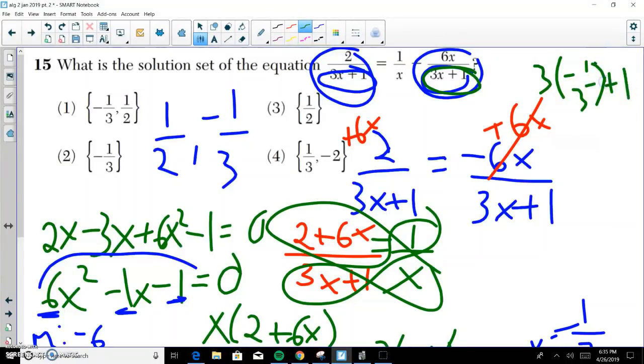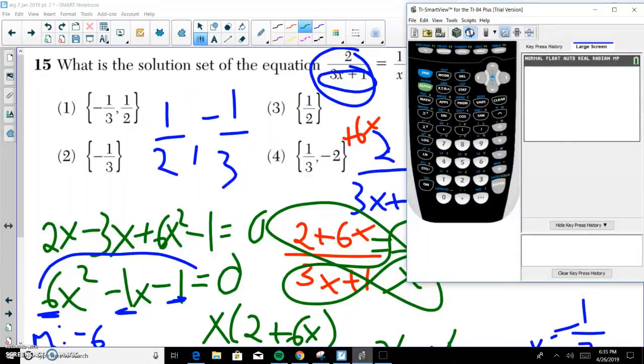Let's see what that equals. I'm sorry, I meant 3 times negative 1/3.